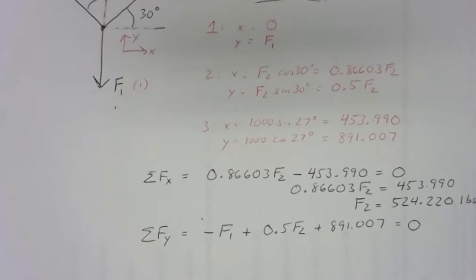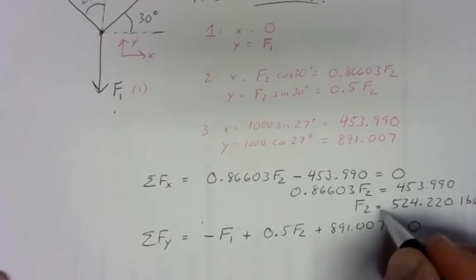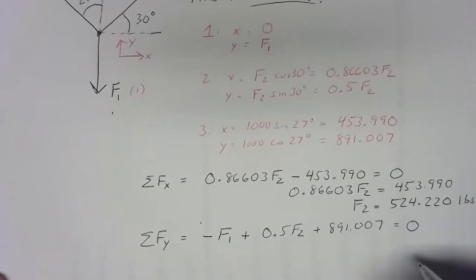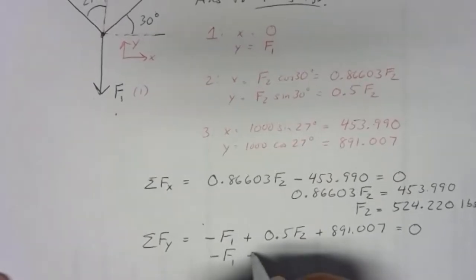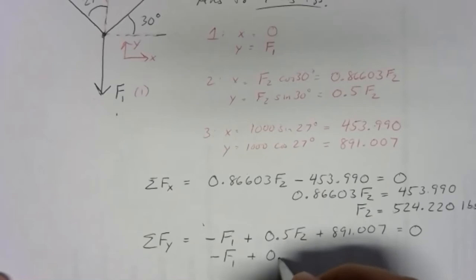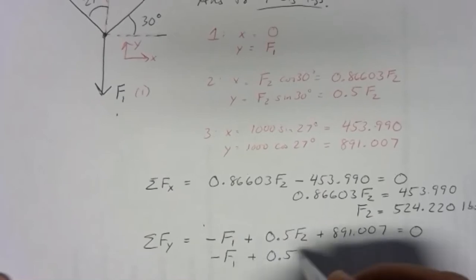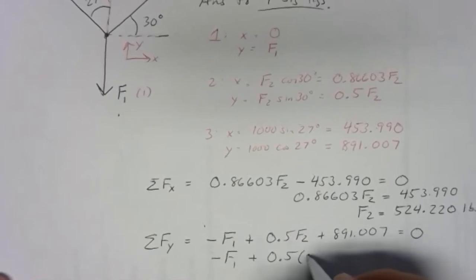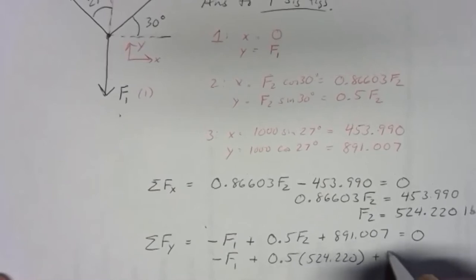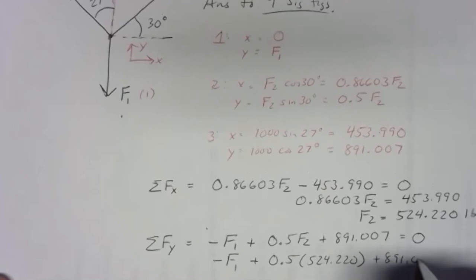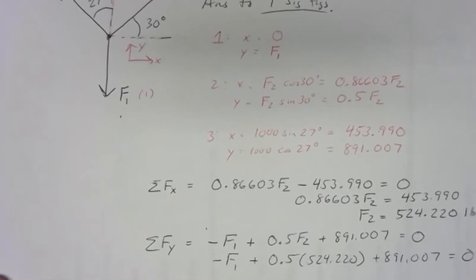We can go into the y direction equation now. We can plug in 524.220 in place of F2. So we have negative F1 plus 0.5 times 524.220 plus 891.007 equals 0.